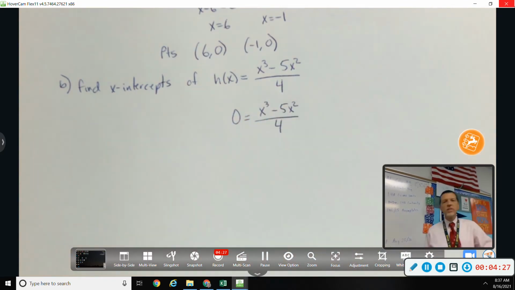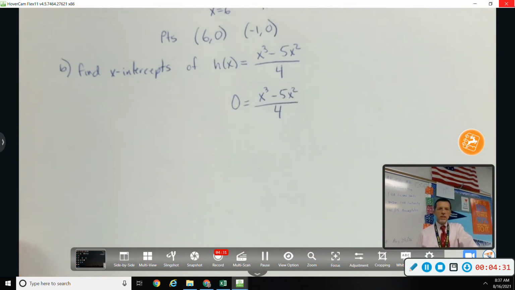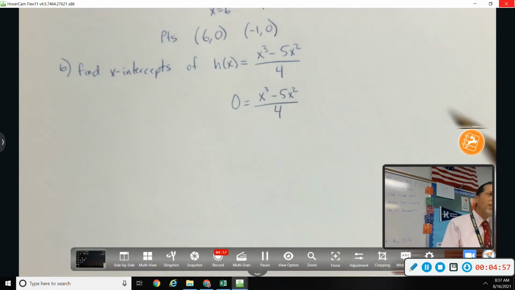Set it equal to 0. Thoughts? There's a couple different ways to think about this one. I can't move the 4 to the top. I don't like the 4 there, so I am glad you're looking at the 4. Okay, one thing we could do is multiply both sides by 4, which would just get rid of it, right? But that's good news, and we don't have to worry about it anymore.